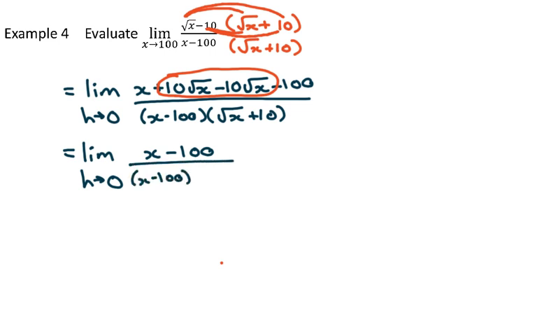The bottom is what it just was, and at this point, it should hopefully be clear why I didn't FOIL out the bottom. Because the design of picking the conjugate the way we do not only gets rid of the roots, it also creates a place where we can cancel.